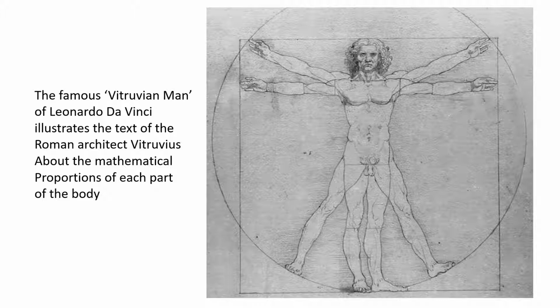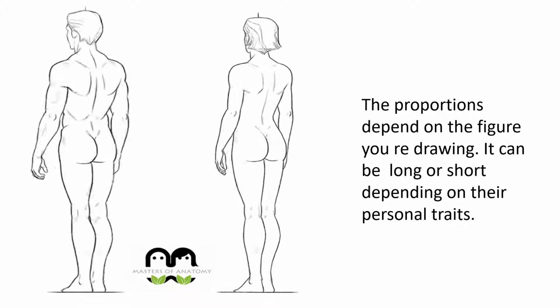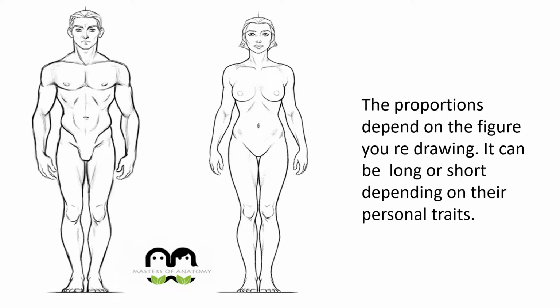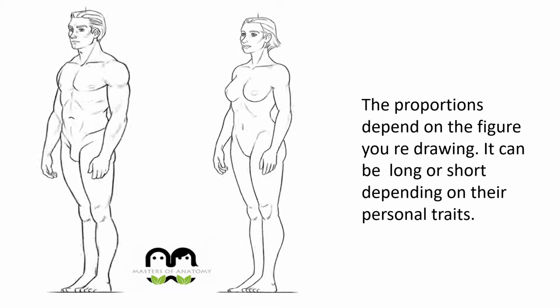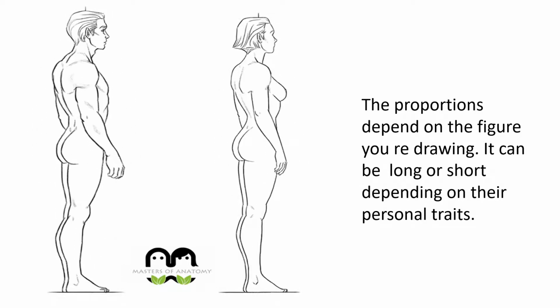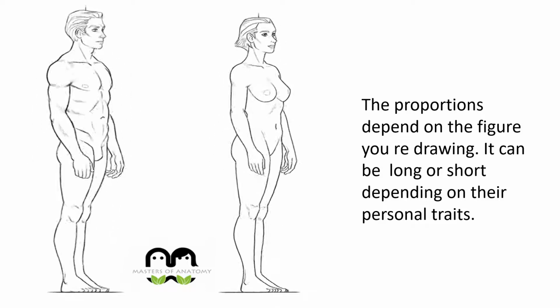This is a very interesting guide that showed how a human body can be proportional and symmetrical. The proportions depend on the figure you are drawing. It can be long, it can be short, depending on their personal traits.